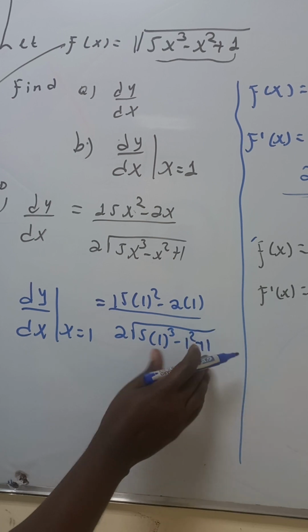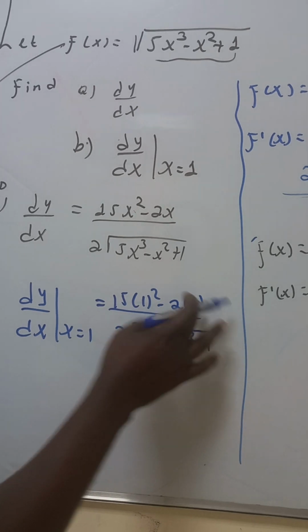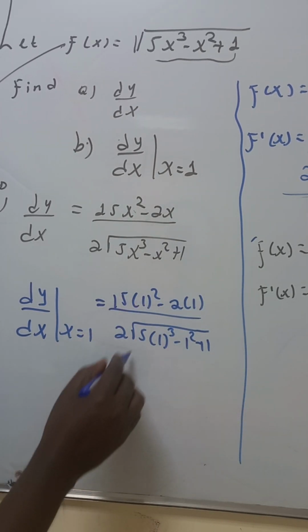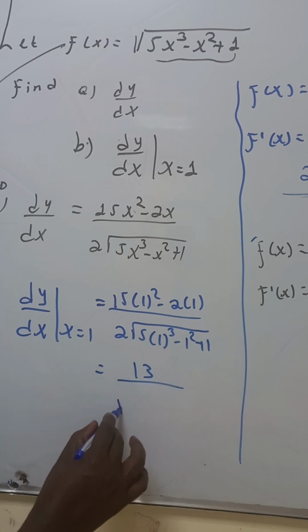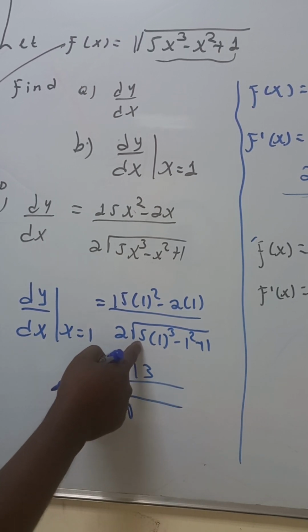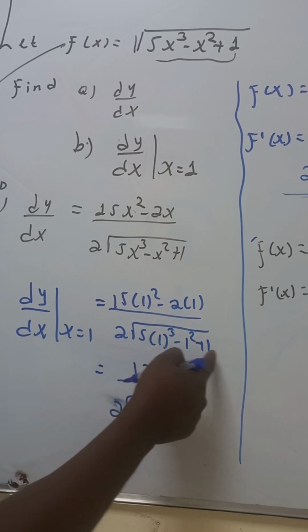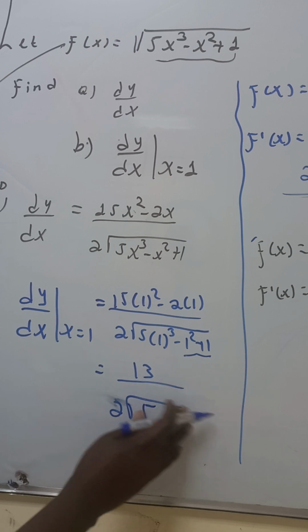So it is correct. Then it is perfectly given by 15 minus 2, which is 13, over twice the square root of 5 minus 1 plus 1. This is immediately 5, so that's going to be root 5.